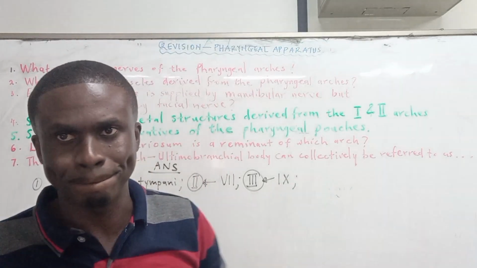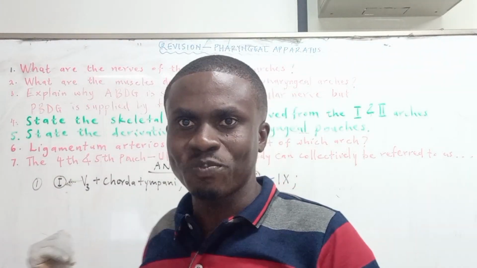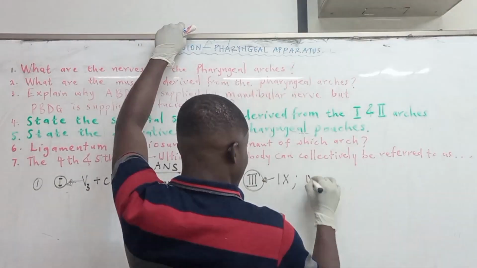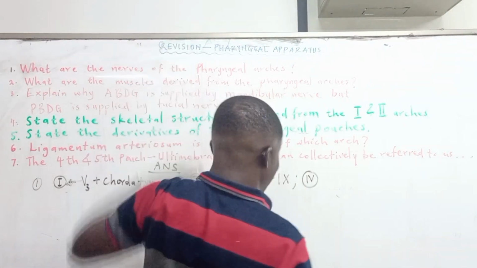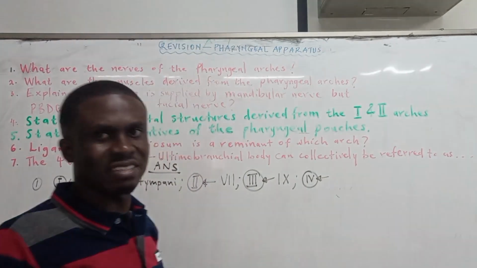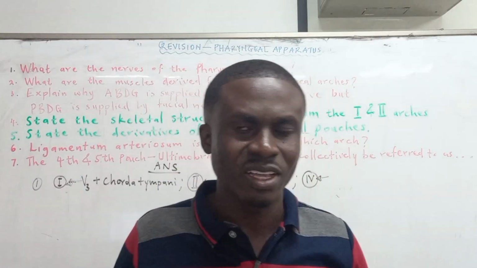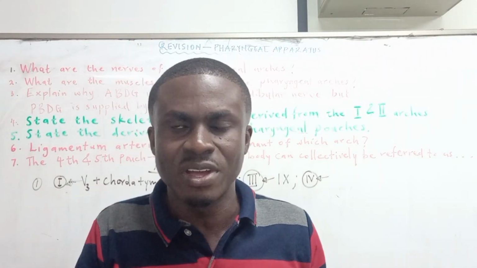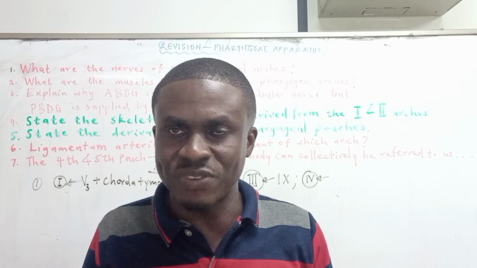That's what we see. Now, if you move on, we go to the 4th pharyngeal arch. Last time I told you that for the 4th pharyngeal arch, and of course that of the 6th pharyngeal arch, the nerve supply generally will be the 10th cranial nerve. But we have some divisions of this 10th cranial nerve.